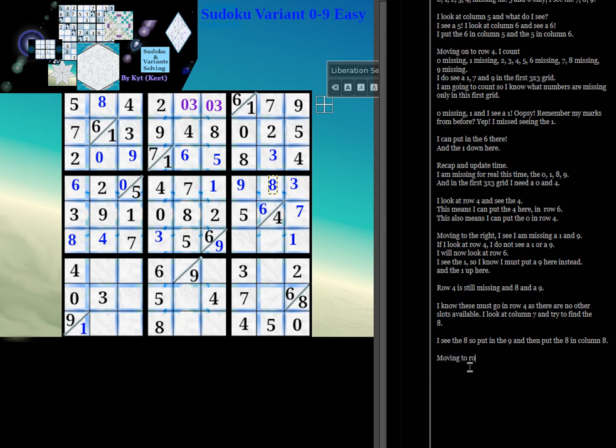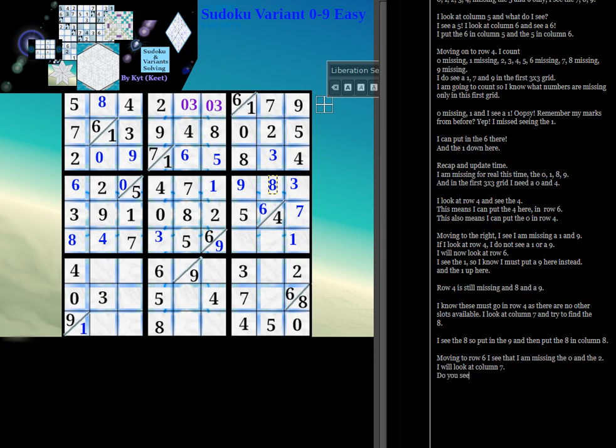Moving to row 6, I see that I am missing the 0 and the 2. I will look at column 7.